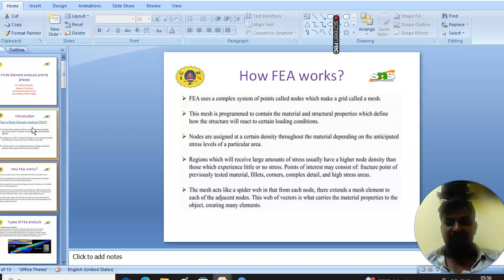Regions which will receive a large amount of stress usually have a larger node density than those which experience little or no stress. The mesh acts like a spider web in that from each node there extends a mesh element to each of the adjacent nodes. This web of vectors carries the material properties to the object, creating many elements.